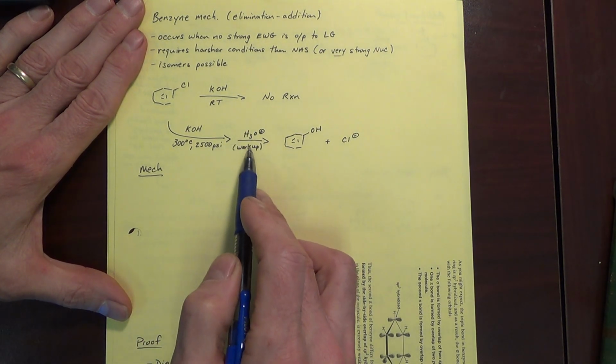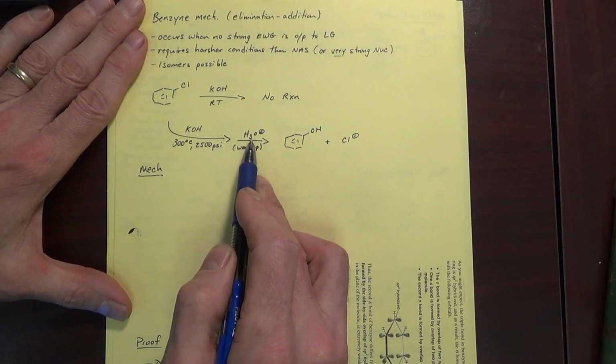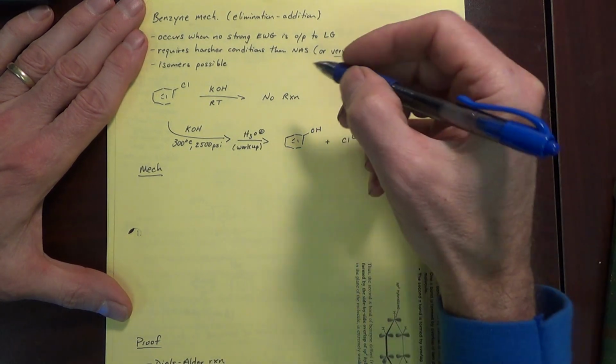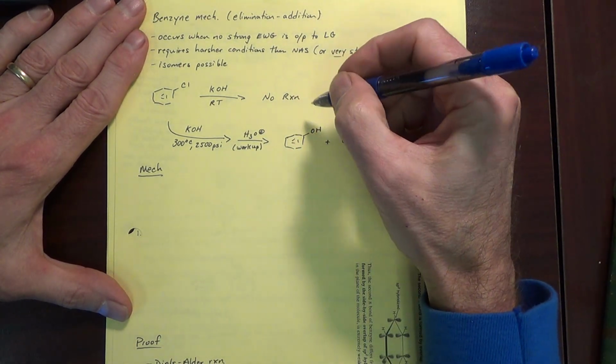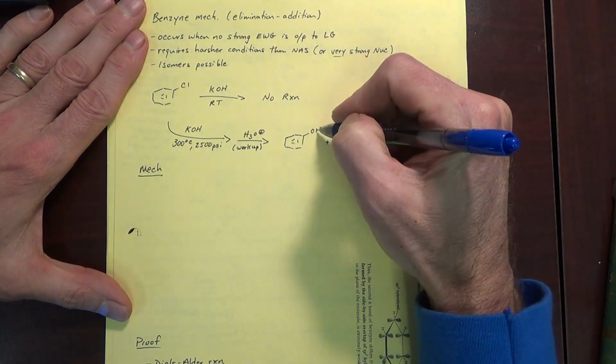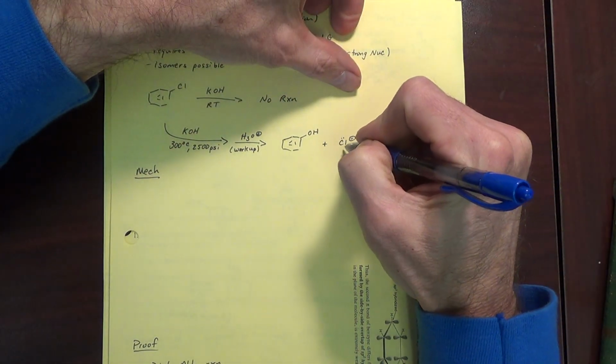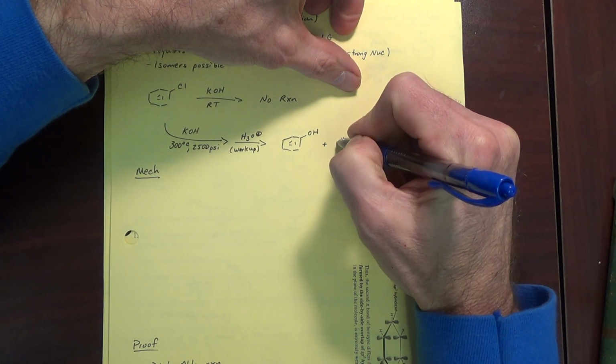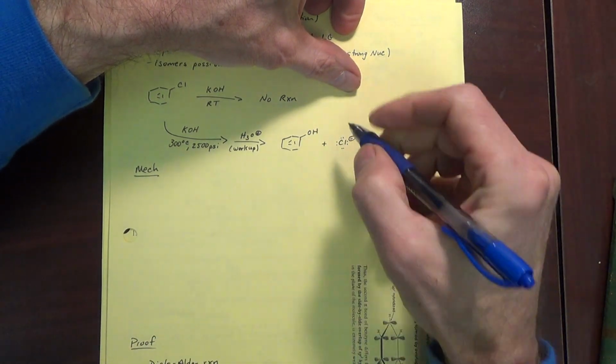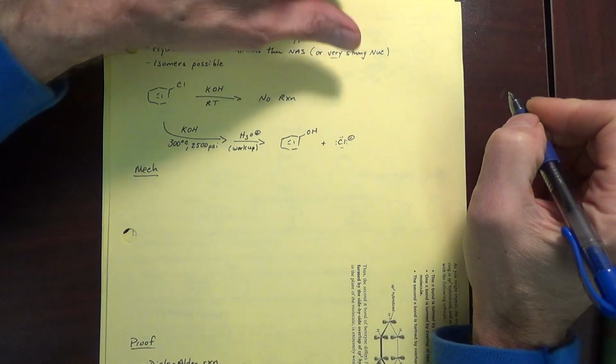Now, it does require an acidic workup, and we will explain why. And we can replace the chlorine with an OH group here. And the chlorine is released, or it leaves as chloride.